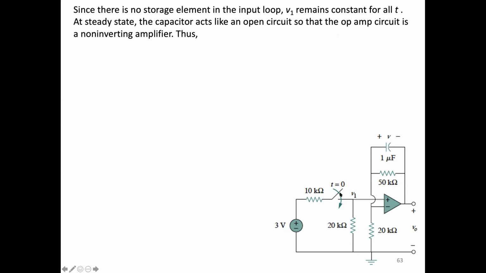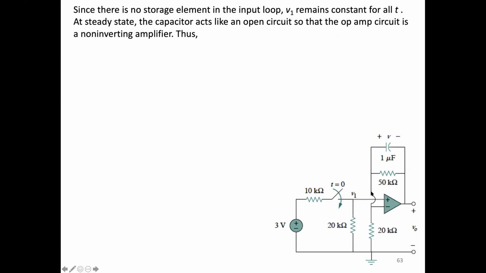At steady state, so long after this switch is closed, the capacitor here is an open circuit. And so this circuit is just a non-inverting amplifier.